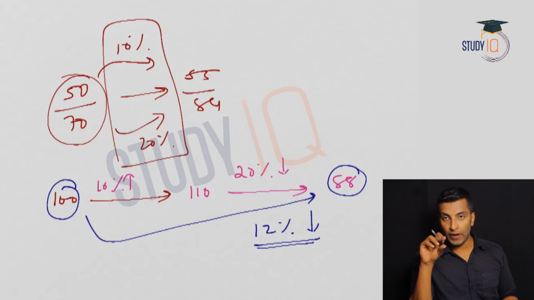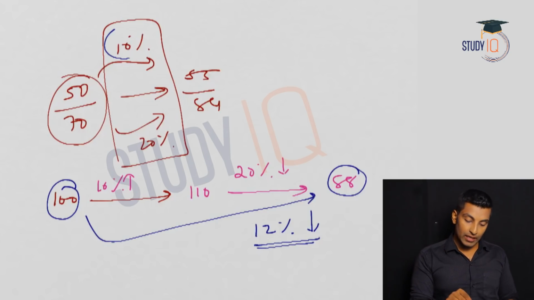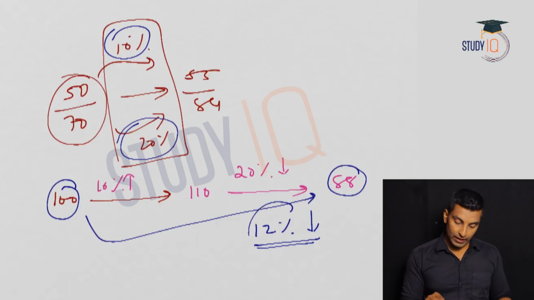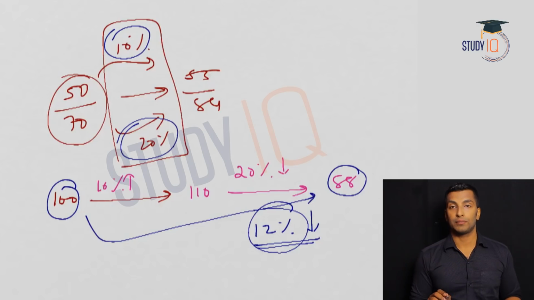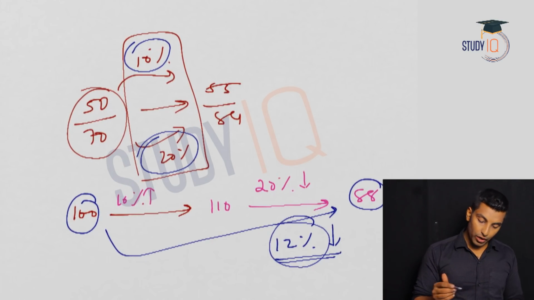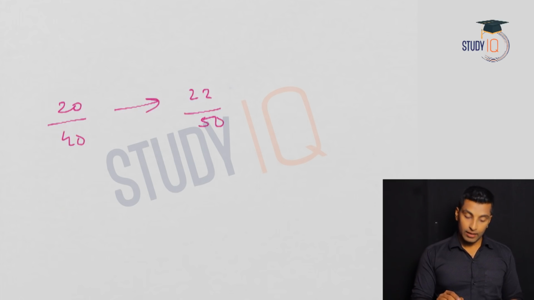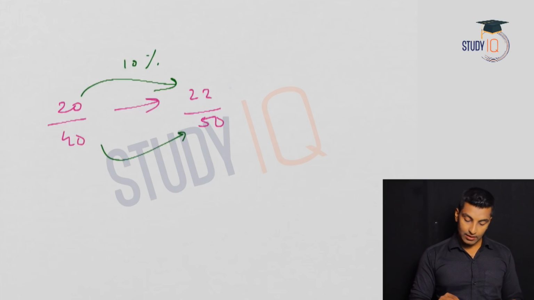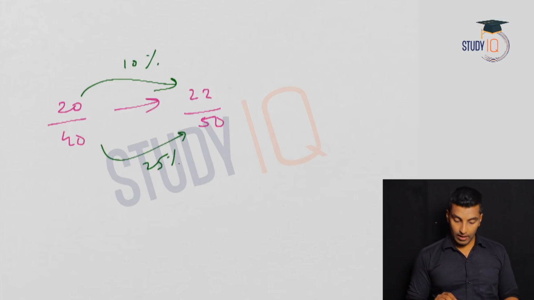Okay. So the effect of the numerator is given as 10% and the effect of the denominator is 20%. So the effective change in the ratio is like this. Now the same is what we are going to use, right? Or take another example, 20 by 40 becomes 22 by 50. So if you see, the change here is 10% and the change here is 25%. Okay. So how will you understand the percentage change?